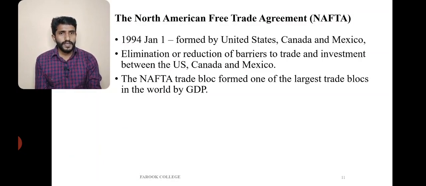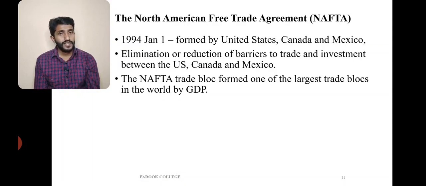Then, like the European Union, there is another important economic integration, that is the North American Free Trade Agreement, which is known as NAFTA. That agreement happened on January 1st, 1994, formed by United States, Canada and Mexico.